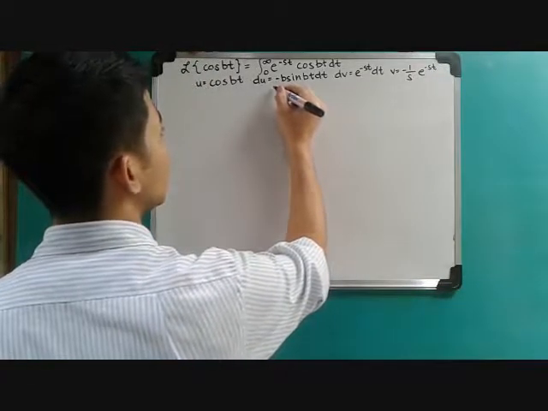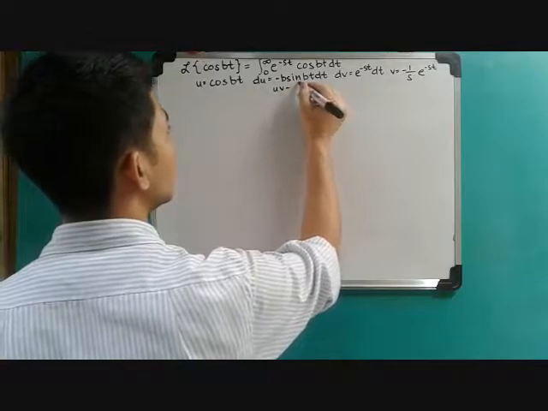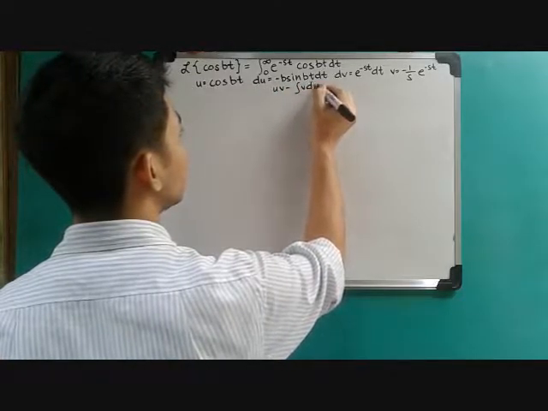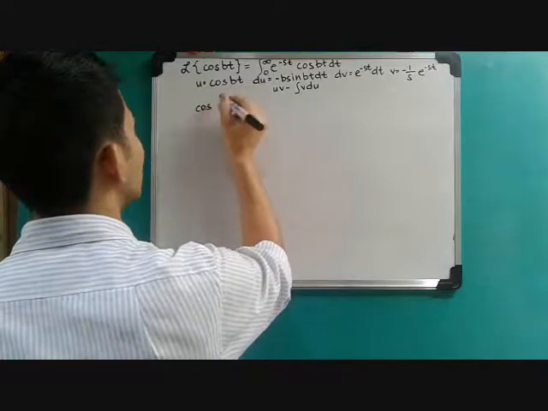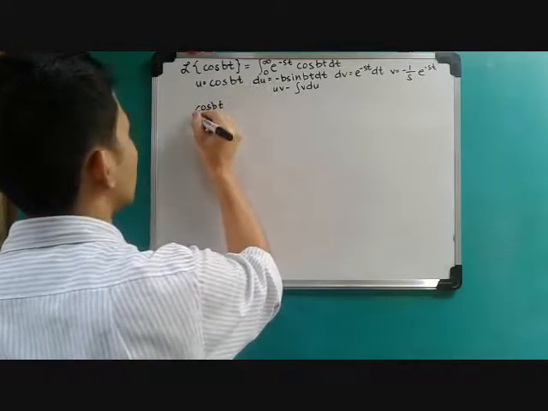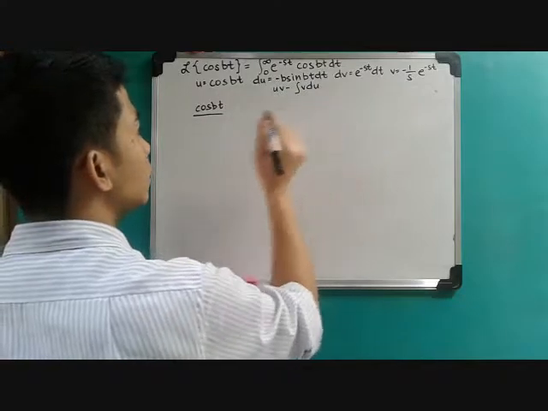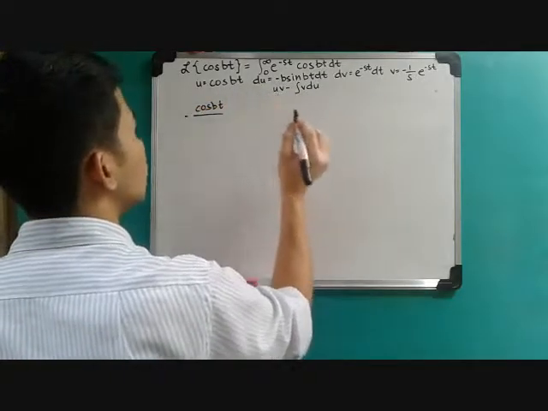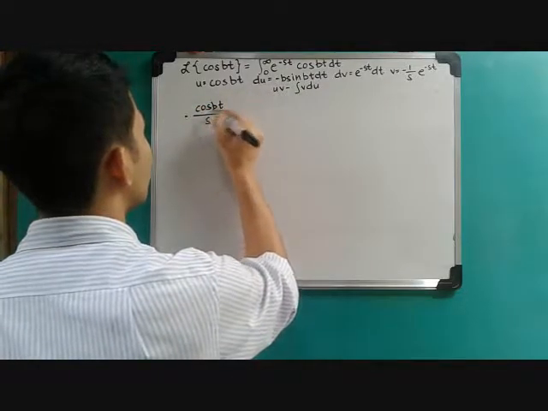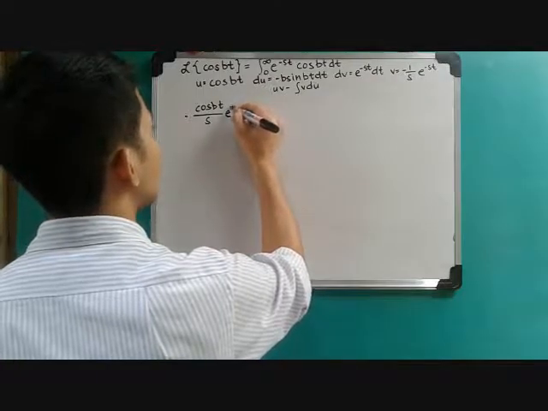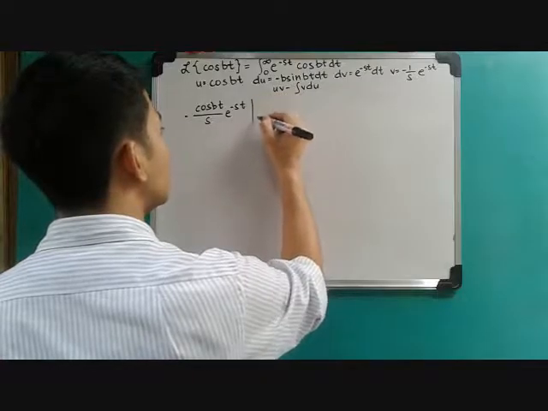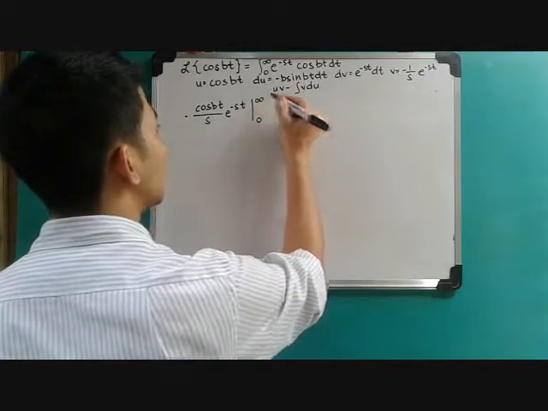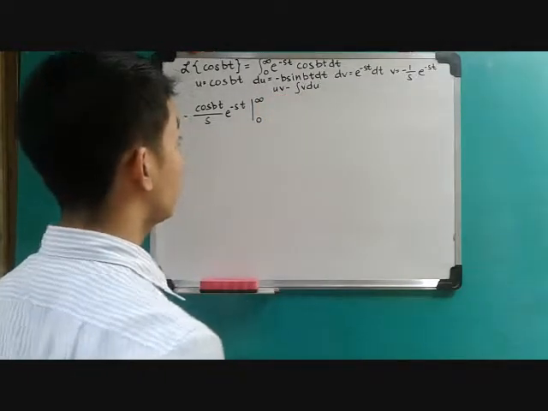You can substitute it using the formula uv minus integration of v du. So your u is equal to cosine bt times negative 1 over s times e raised to negative st. You can substitute the limits earlier so that you will not get confused.